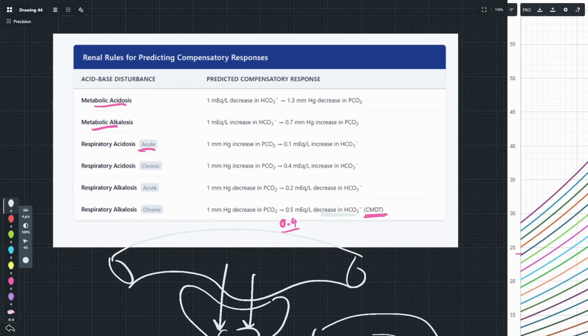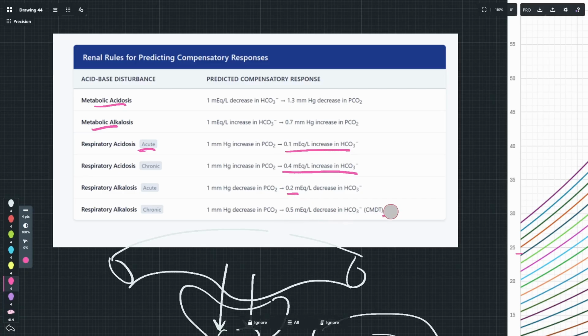So decrease in HCO3, which is required in alkalosis, is relatively more efficient, you can see here, as compared to increase in HCO3, which is relatively less efficient.